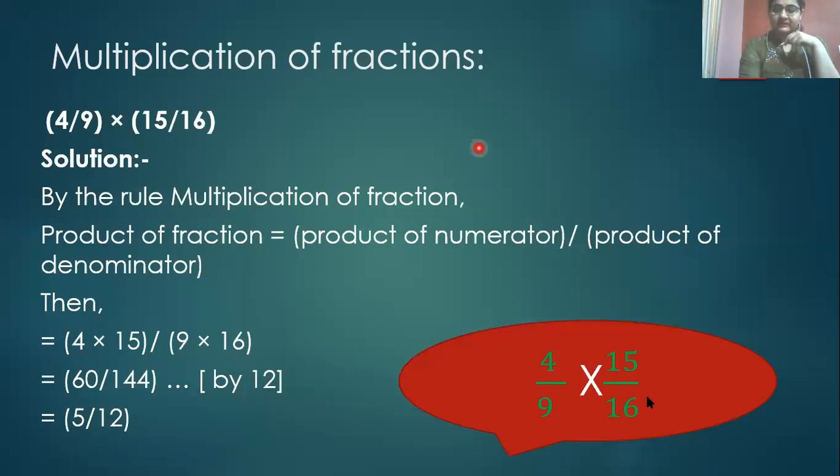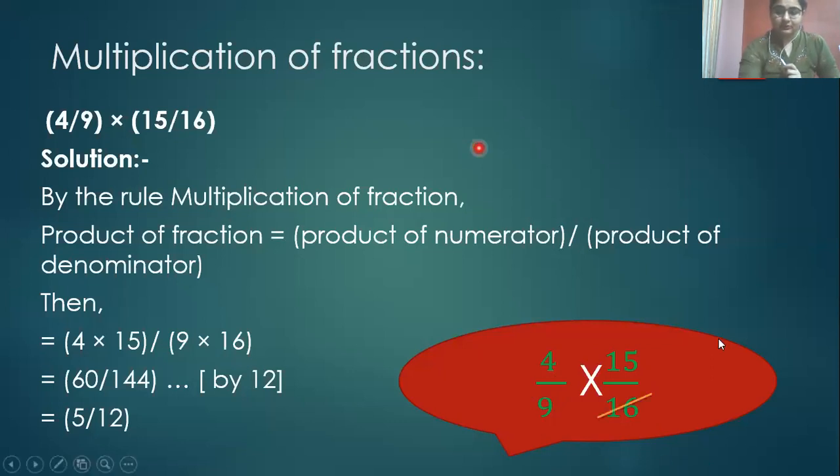Remember, children, whenever we cancel out, we cancel the numerator with the denominator. We can't cancel both the numerators or both the denominators. Now, children, if you see, 4 and 16 can be cancelled out. In 4's table, 16 comes 4 times.